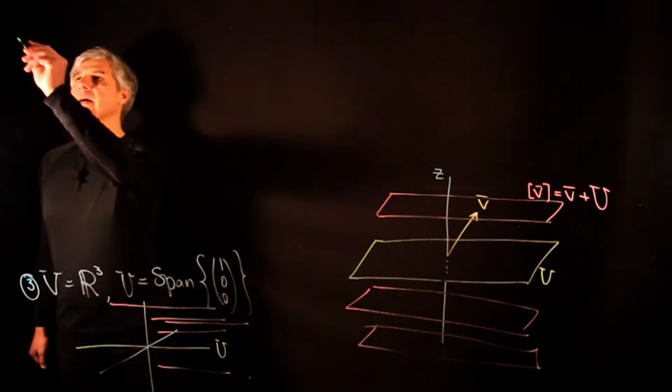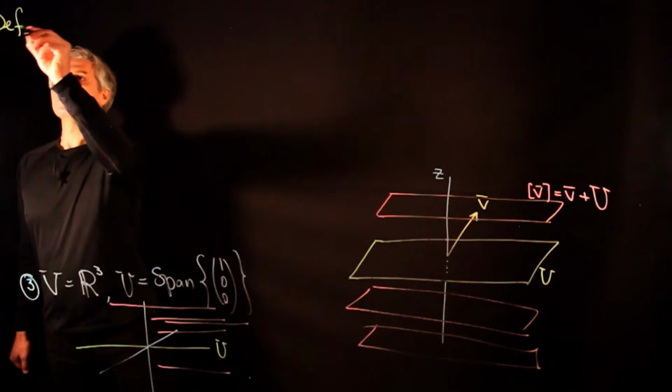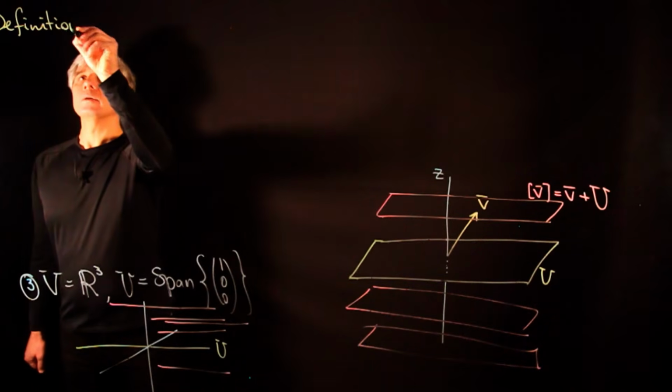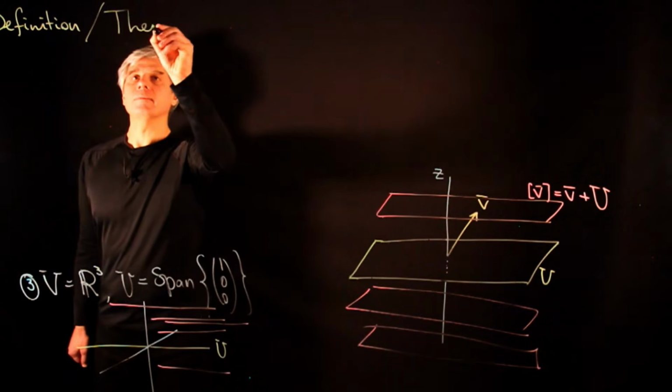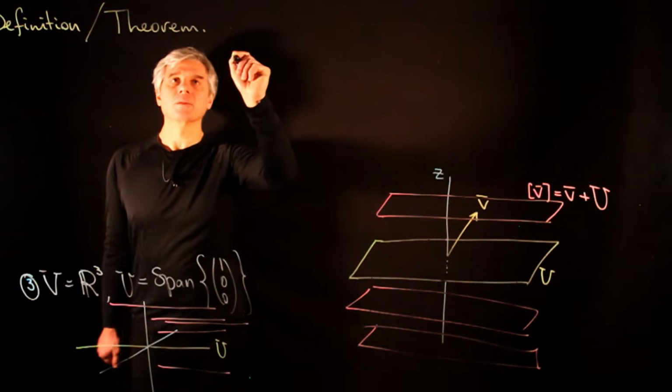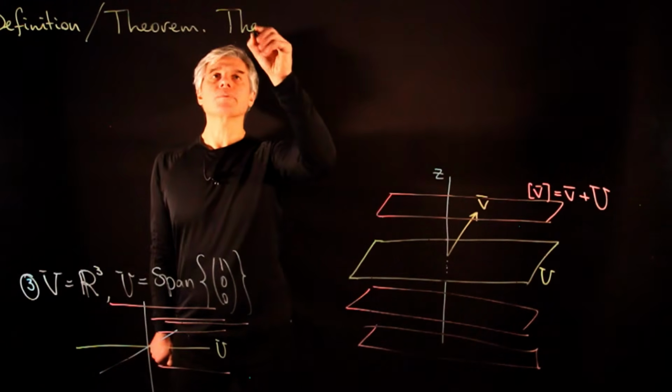Now we formulate our main definition, which is at the same time a theorem. Here we define the quotient space.